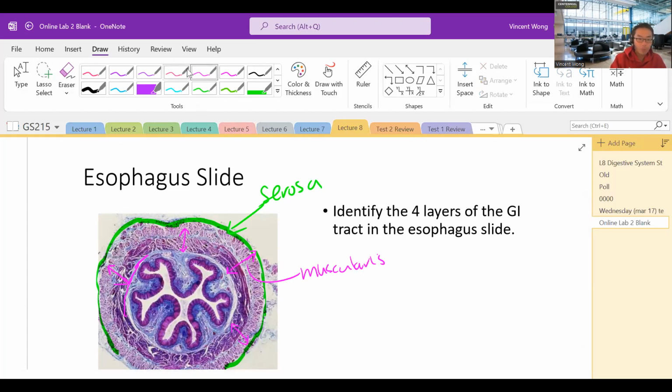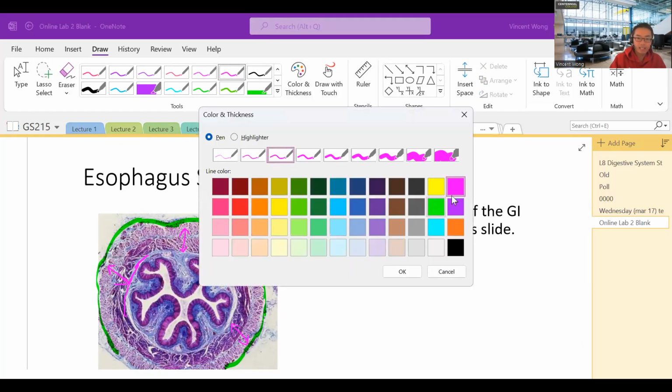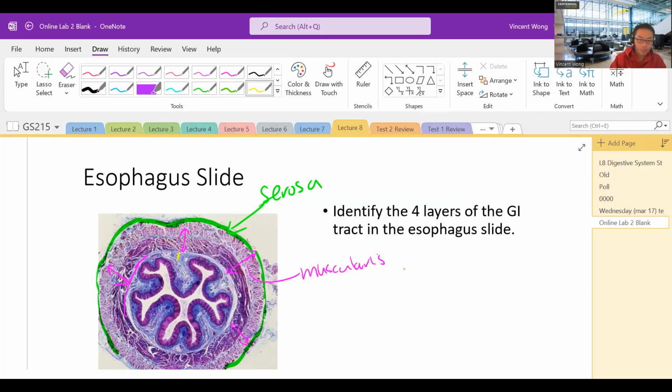The submucosa is the one that's stained light blue right here. So this region, that is the submucosa. You see the submucosa here, and in some parts it's deeper than others.